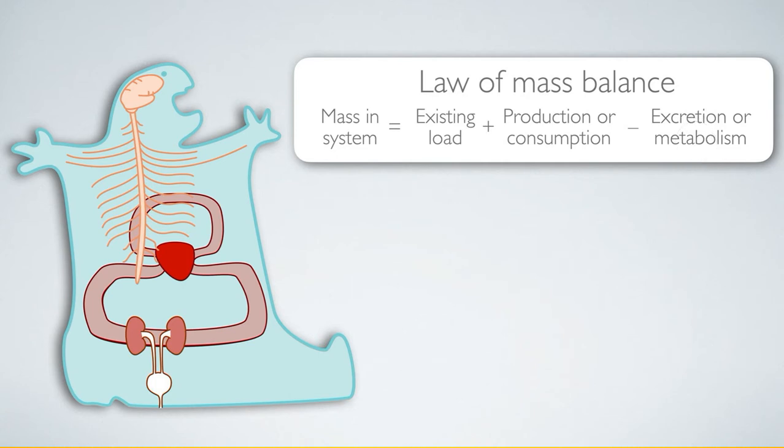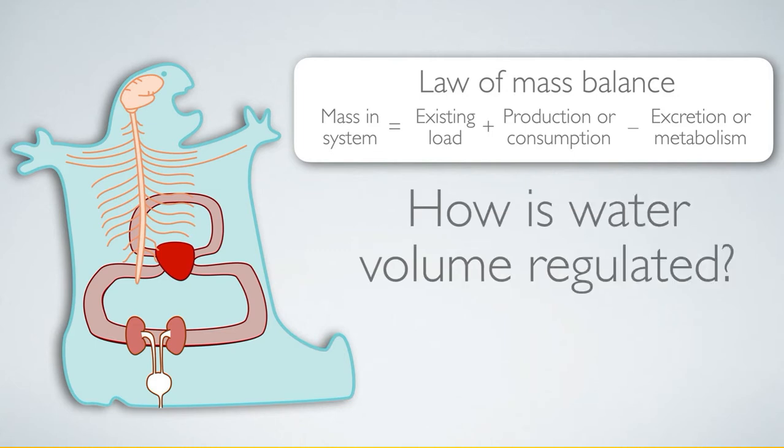So the question for this lecture is, how is water volume regulated? What is the control system that maintains that volume at a relatively constant value? So like we've done for other control systems, we're going to start on the efferent side of things because we're familiar with that end of the control.